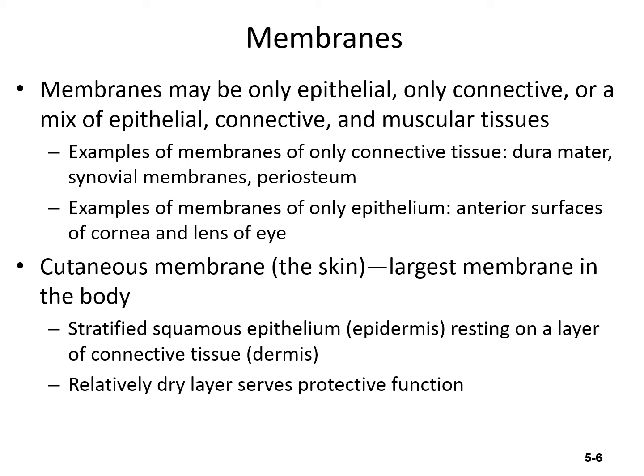It's known as the cutaneous membrane. That is the largest membrane in the body, and it's comprised, of course, of the stratified squamous epithelial tissue of our epidermis that rests on a layer of connective tissue, which is the dermis. And it's a relatively dry layer, of course, that serves a protective function.